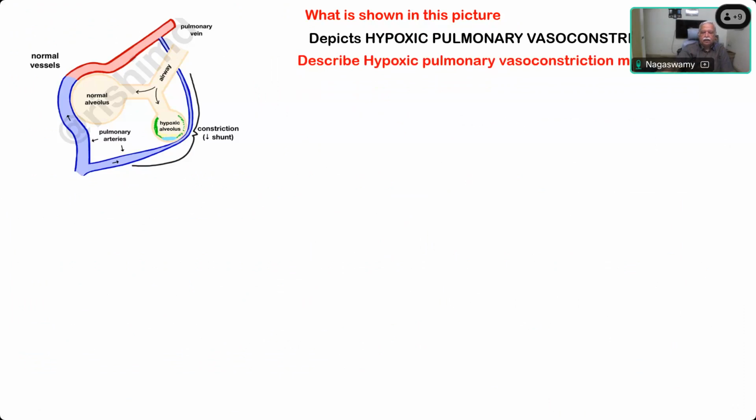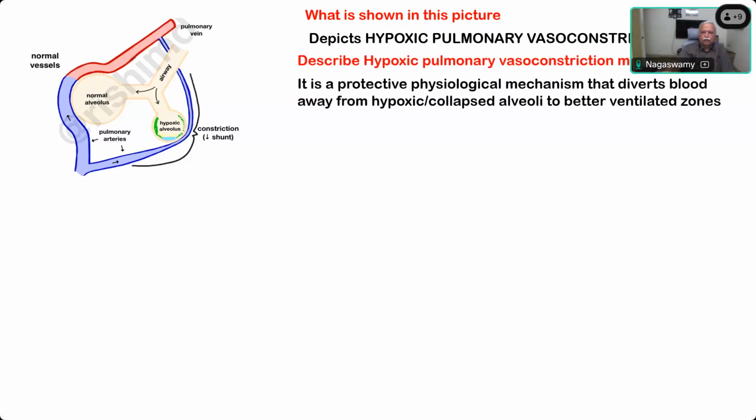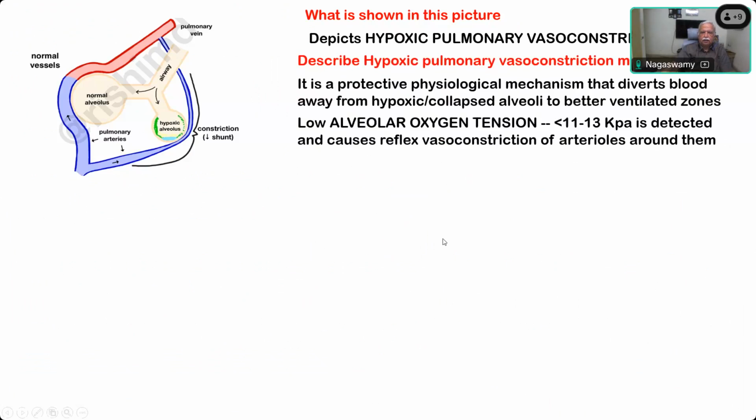It is a protective physiological mechanism which decreases the shunt, moving the blood away from the hypoxic or collapsed alveoli to better ventilated alveoli. Low alveolar oxygen tension is the main reason for the reflex vasoconstriction in the arterioles.